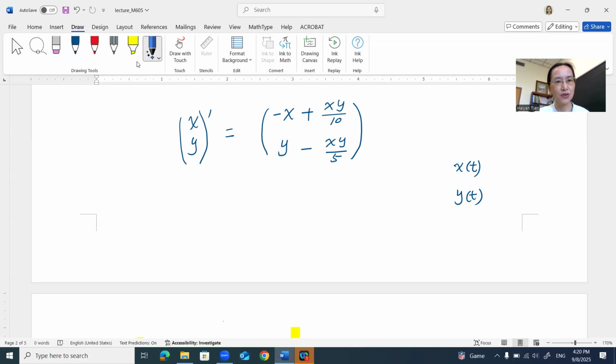So this system is called an autonomous system because the right-hand side of each equation does not depend on the variable T explicitly. So this is an autonomous system.